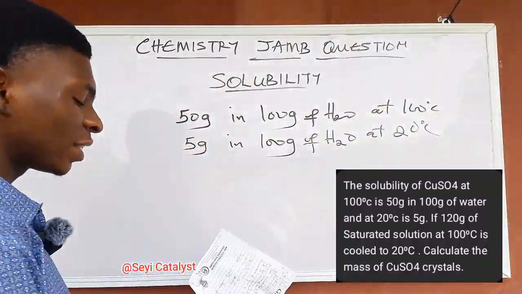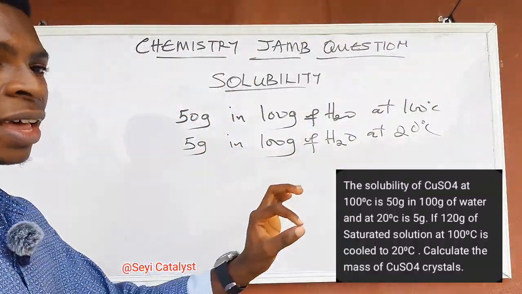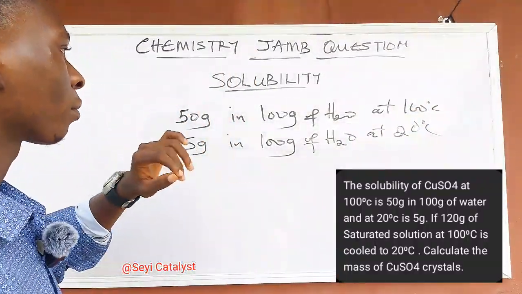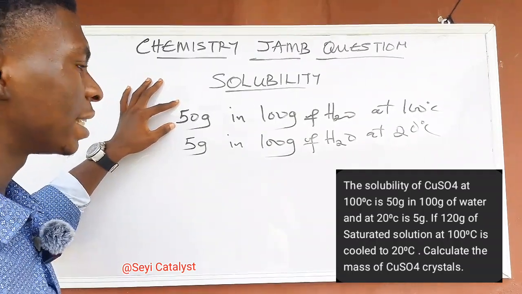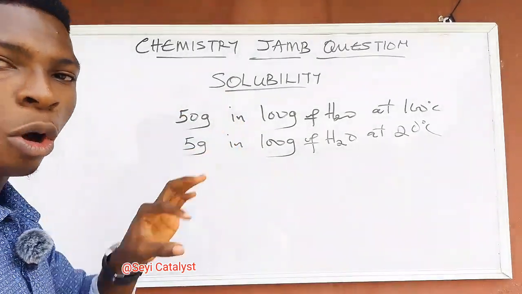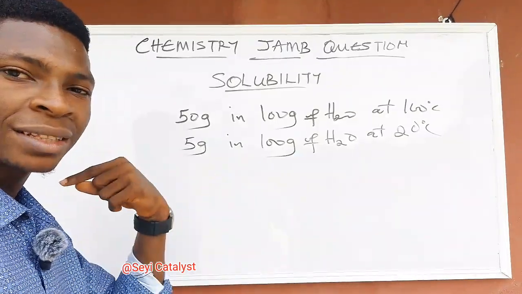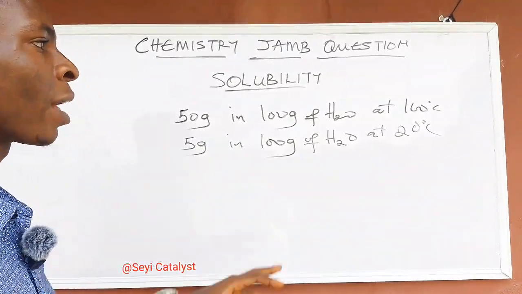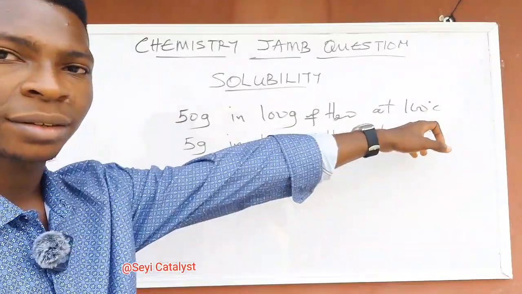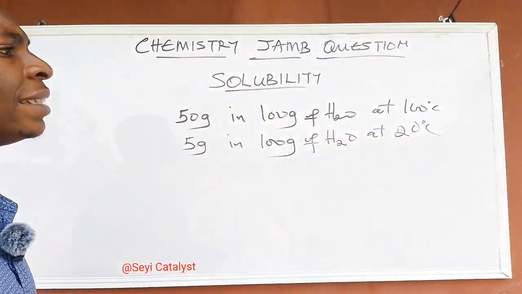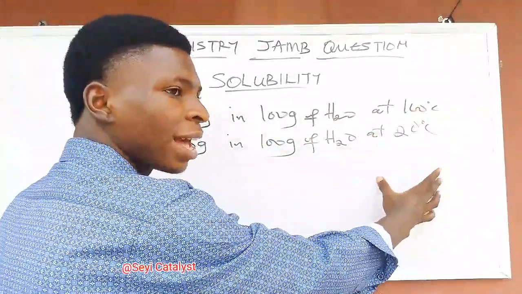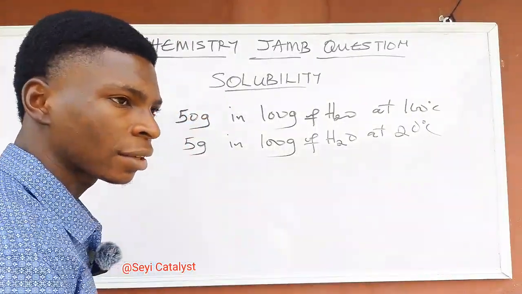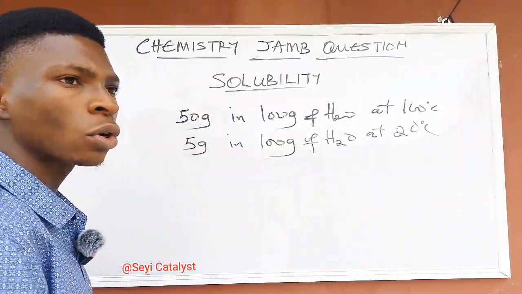So what this information is telling us is that in the first solution, 50 grams of salt, copper sulfate, which is a salt, is dissolved in 100 grams of water completely. That solution, I've said, is called a saturated solution at 100 degrees centigrade. Are you listening now? So now they reduced that temperature to 20, and I told you that reducing the temperature of a solution also what?